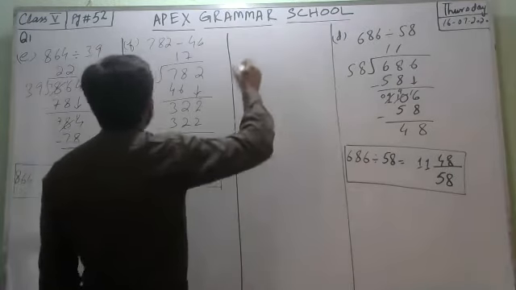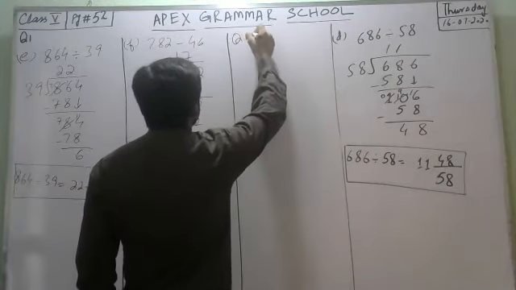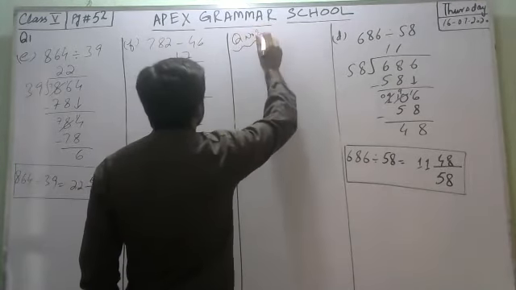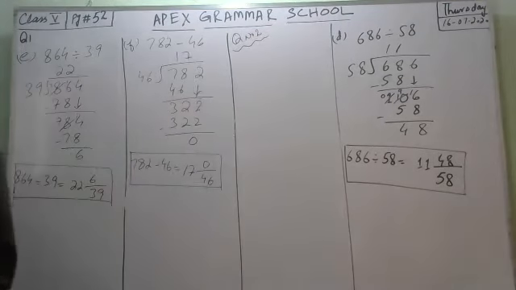Now question number 2. This time we have to divide a 4-digit number by double digits.